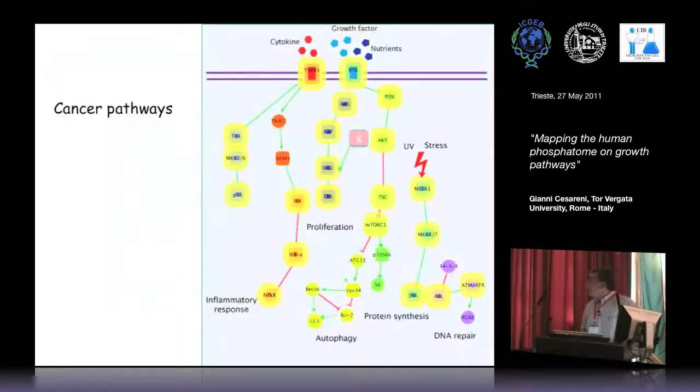As you know, most of these green lines or red lines are actually the activity of some enzymes that either add or remove phospho groups from the proteins. And this, by a variety of mechanisms, activates or inactivates the protein that is downstream.